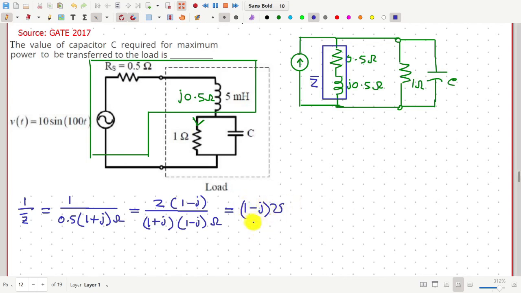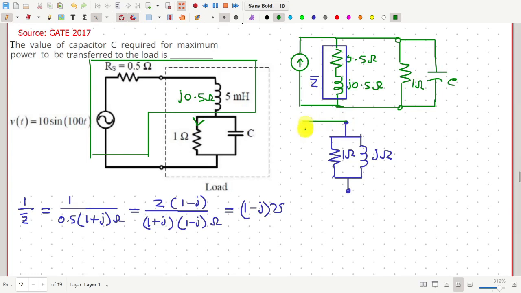Now the conductance of this part is 1 and the susceptance is minus J. So therefore, this portion is equivalent to 1 Siemens conductance in parallel with an inductor with impedance of J ohm. So J ohm and 1 ohm in parallel is equivalent to this branch.